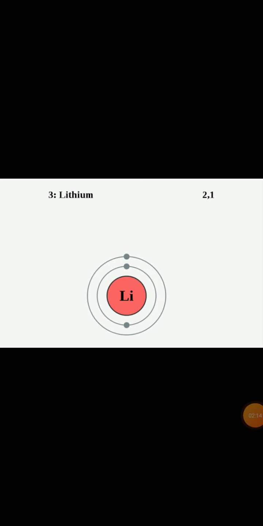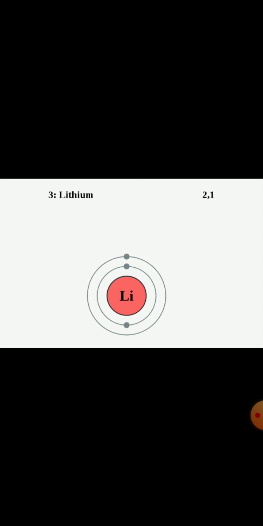Now let us talk about the elements present in the second period. The first element of the second period is lithium. Now again, I want you to look at its electronic configuration. In the first orbit, 2 electrons. In the second orbit, 1 electron.